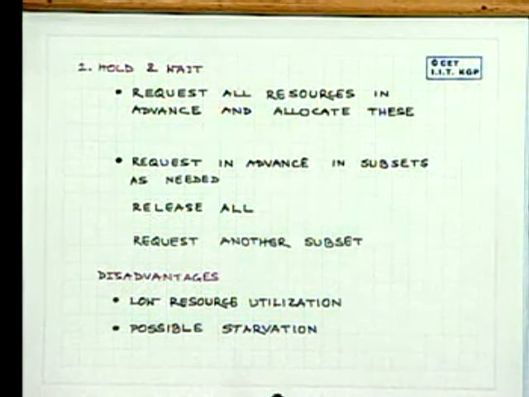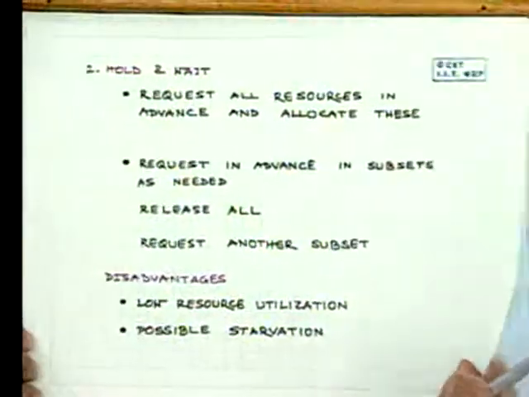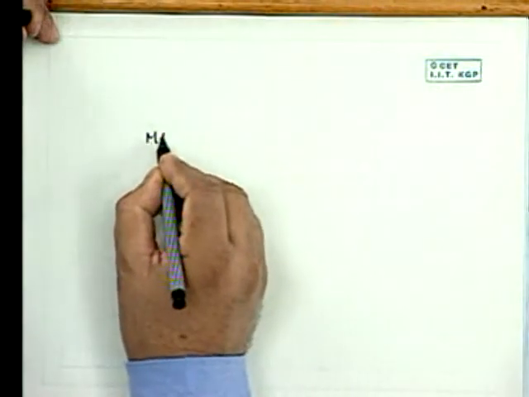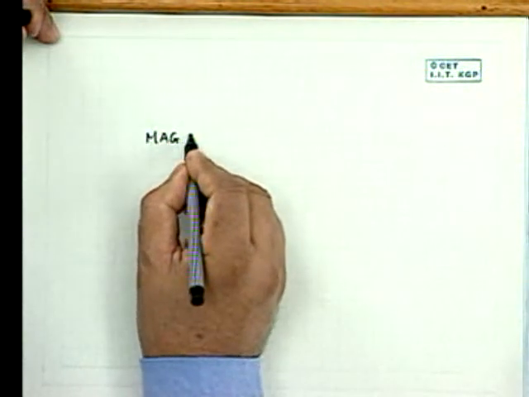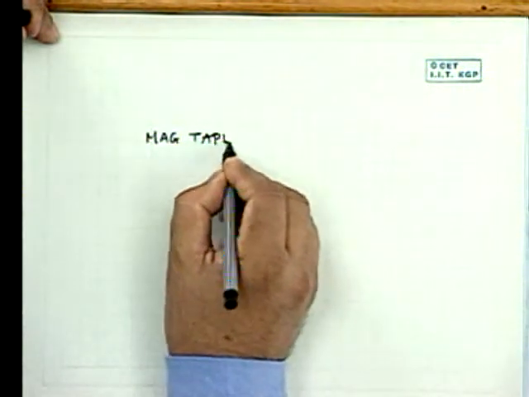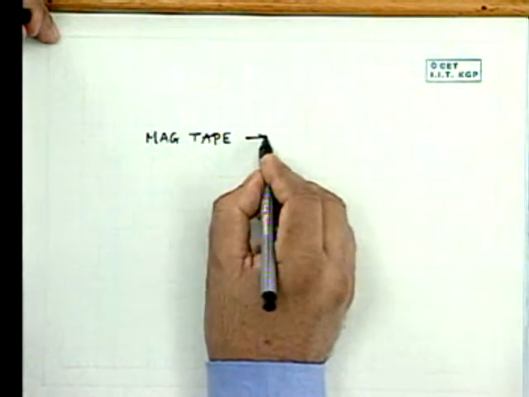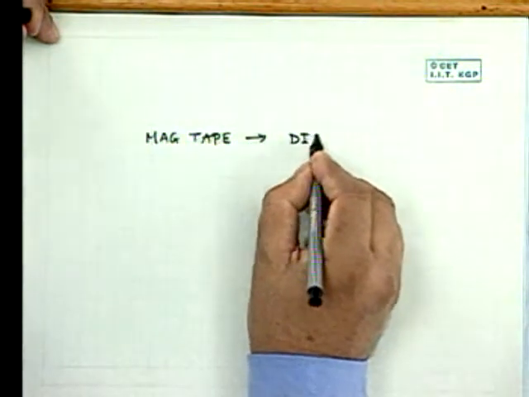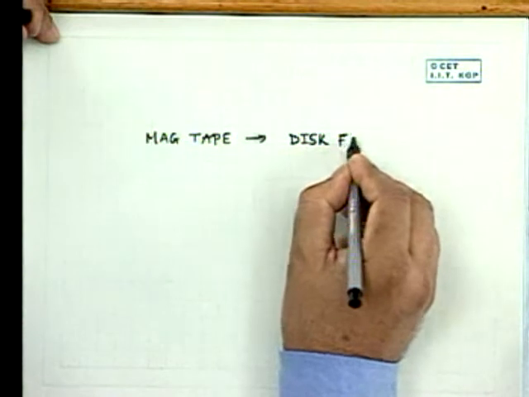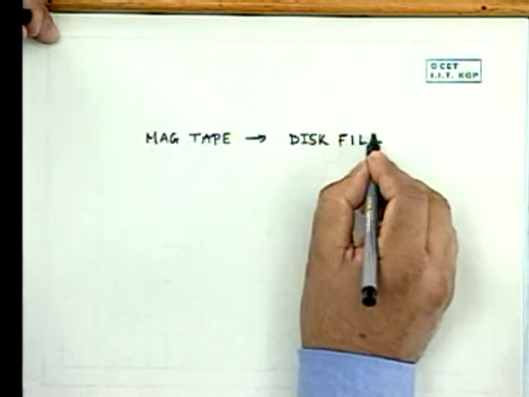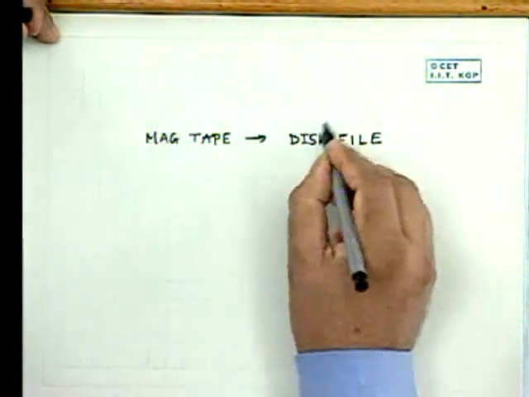Say a process from Mac tape is copying into a disk file, and then, for example, it is sorting here.